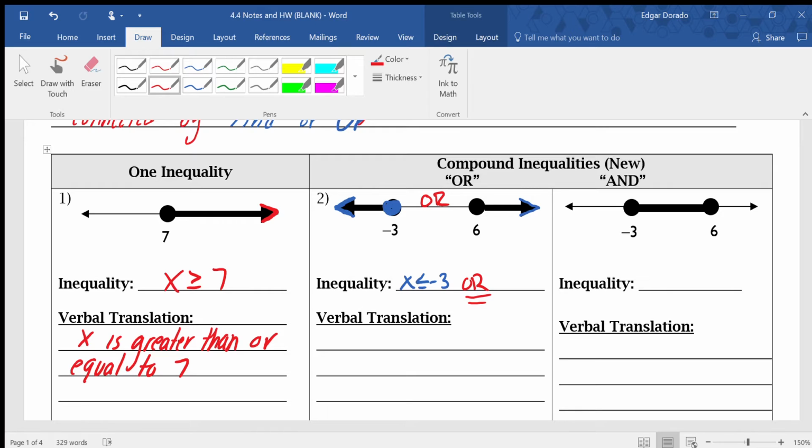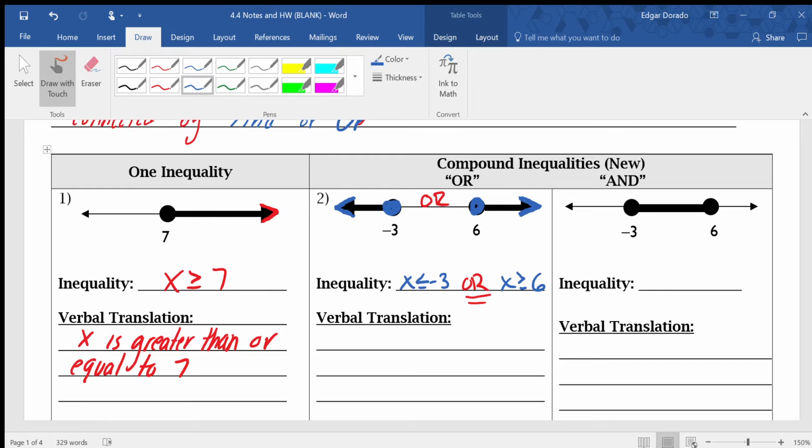So it's X is less than or equal to -3. Now I have another set of numbers here, so X and 6. So the symbol that I traced out here looks like a greater than symbol, which is true because it's everything to the right of 6 is greater than 6. And it is also a closed circle, so I have to use my little line underneath.